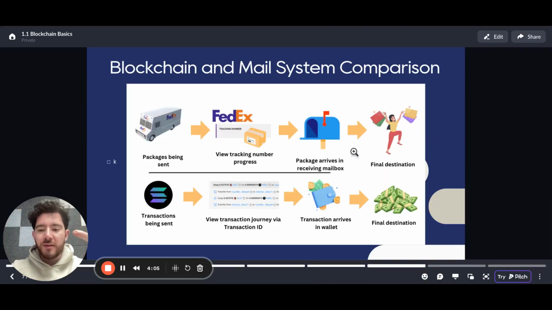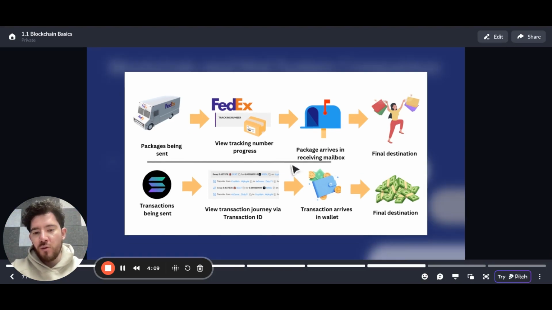Now, if that still doesn't make sense, you can just look at this analogy. When you order a package online and it gives you a tracking number, when you look up that tracking number, it tells you the progress of where the package is in the mail. It tells you it left the FedEx center and it's in Missouri, then it goes to Minneapolis, then it goes to New Jersey, and so on. It shows you the whole progress of the journey of that package.